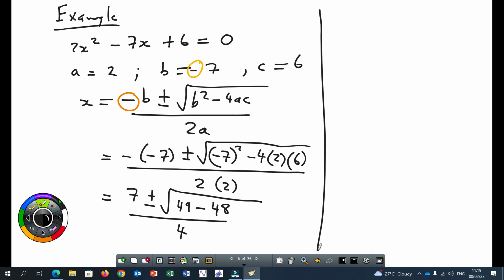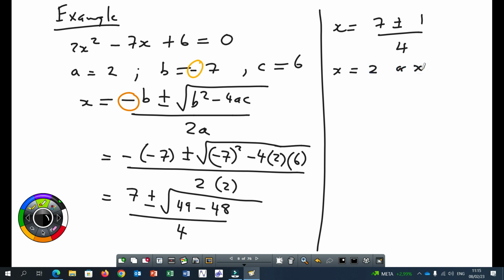You following? Then from here you get 1 in the square root, so you get x equal to 7 plus or minus 1 over 4. So we end up getting x equal to 7 plus 1, that's 8 over 4, we get 2.